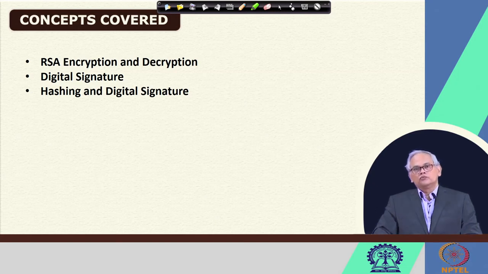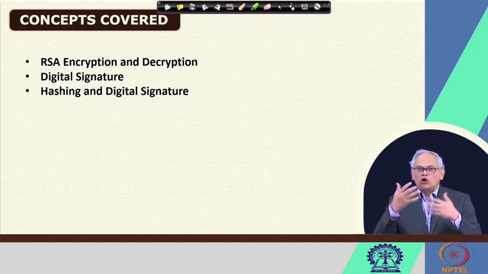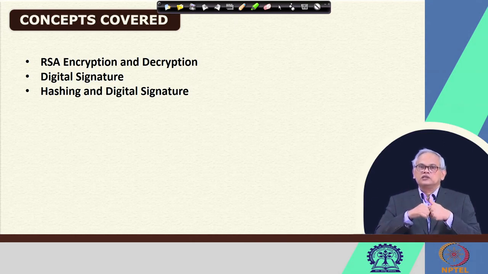Then we will move on to discussions on digital signature, which is what we have been talking about for some time. The two main components of cryptography that have a lot of applications in the context of blockchain are, one, as we said, cryptographic hash functions, and the other is digital signature.